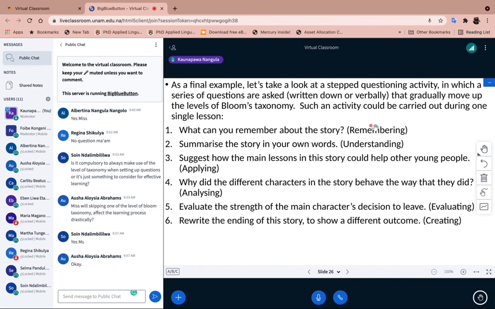I mean, they can remember, but then maybe they don't understand a number of aspects within the story which will help them create a different outcome. Then obviously you might need to go back a little bit to other levels to really help them with creating a meaningful conclusion.